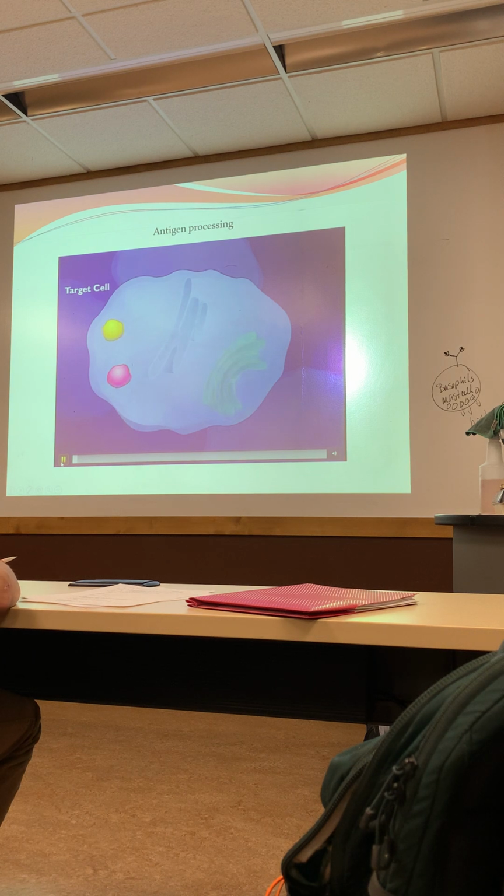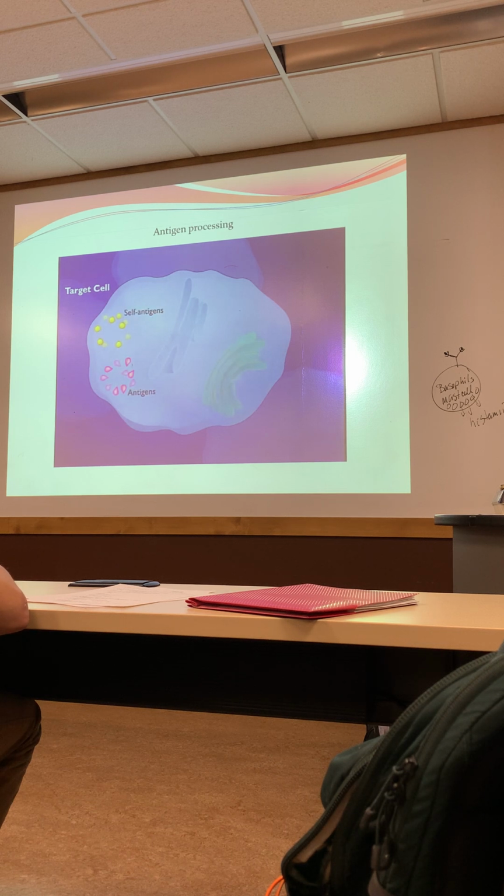Antigens are processed differently, depending on whether they originate within or outside the cell. Proteins produced within the cell, such as viruses or self-proteins, are broken down into fragments. Fragments of foreign proteins are antigens. The antigens are then transported into the rough endoplasmic reticulum and combine with class 1 MHC molecules.